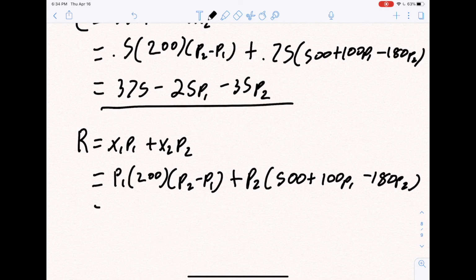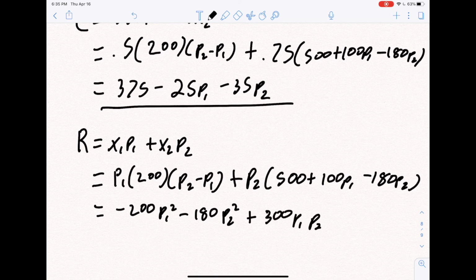And that will simplify down to minus 200 p1 squared minus 180 p2 squared plus 300 p1 p2 plus 500 p2.